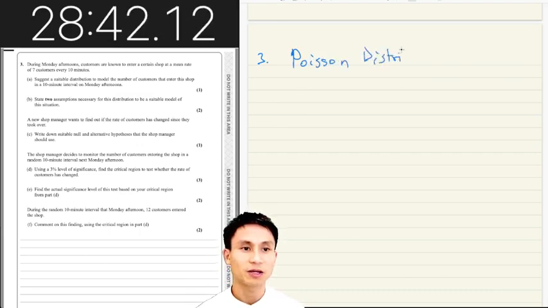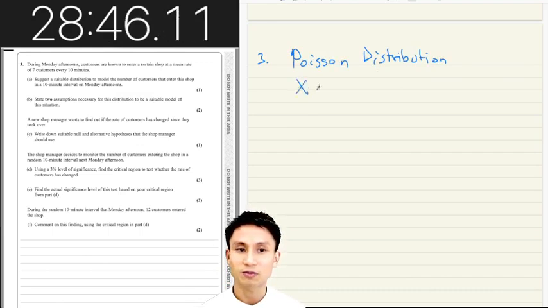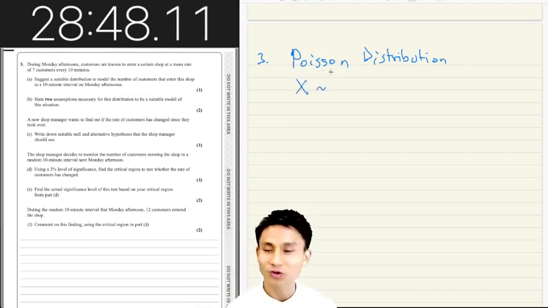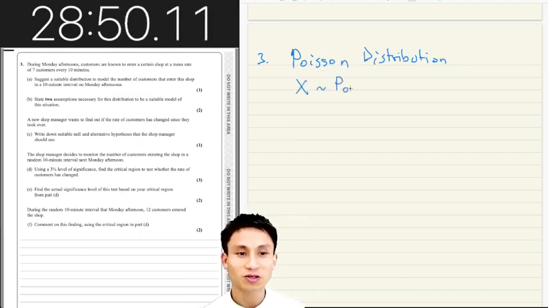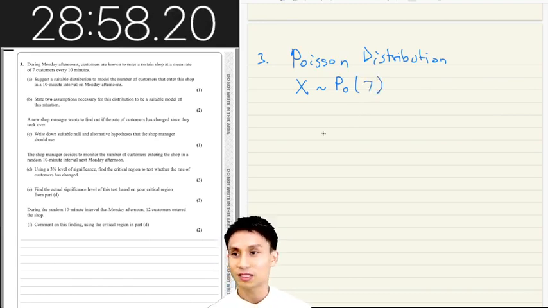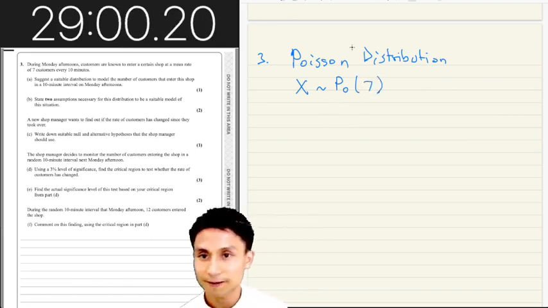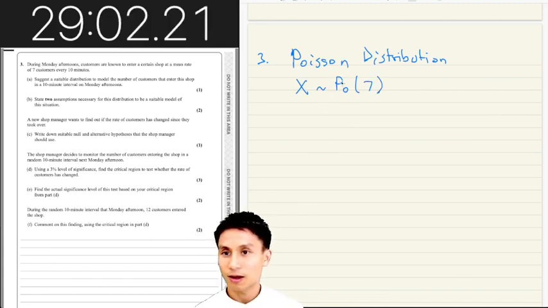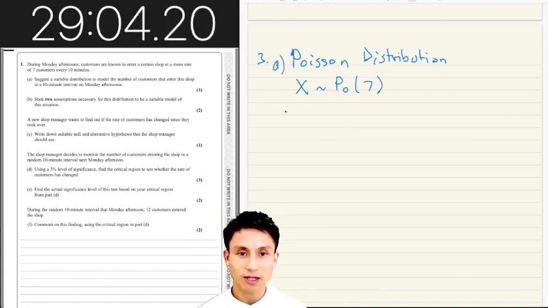But normally, writing only that is maybe not enough. So we have to write X modeled as Poisson and suggest the lambda value. Here it is every 10 minutes, so the 10-minute interval would have the same lambda being 7. Alright, so that's part A done.